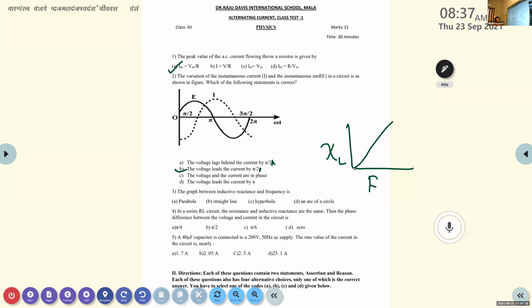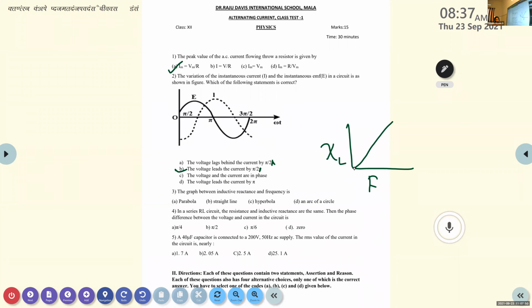An RL circuit means a circuit which contains a resistor and an inductor, and it is connected to an alternating voltage source. Then what about the phase difference between voltage and current? What is the equation for calculating phase difference?